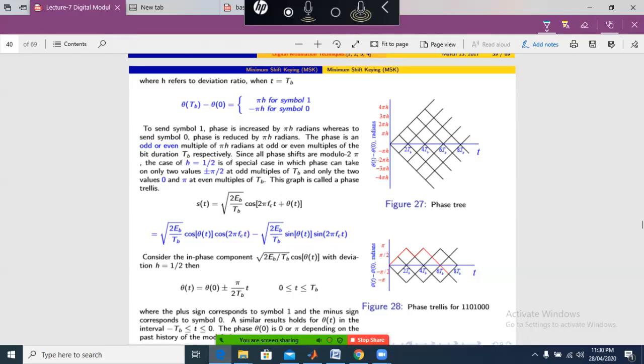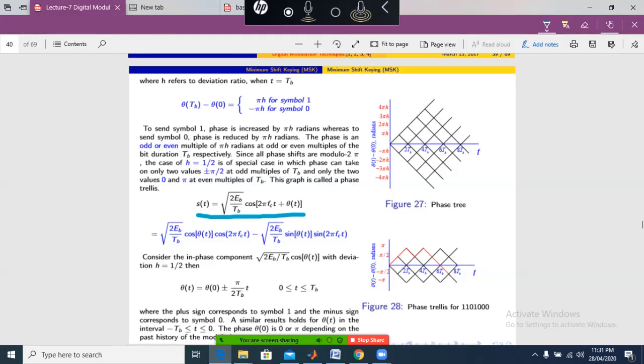And now we see what will happen to the signal itself. You know, the signal is in fact given by this formula, where Fc is the arithmetic mean of the two frequencies f1 and f2, and theta of t is split by the trigonometric identity.